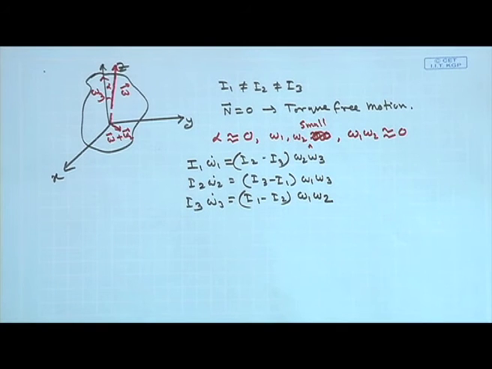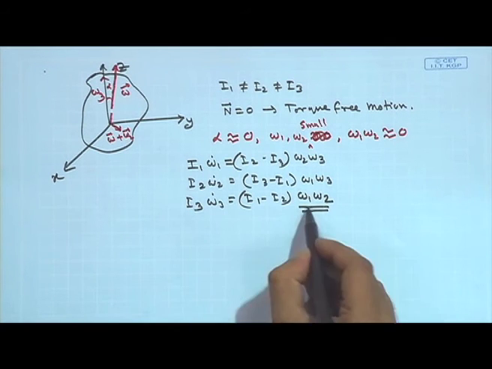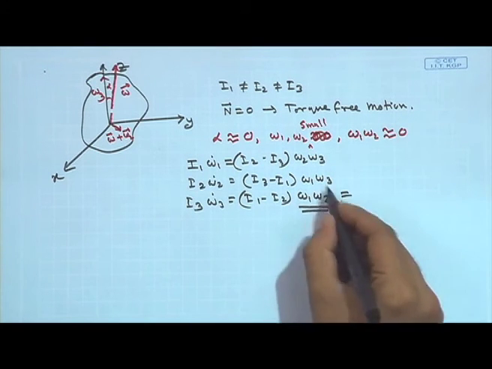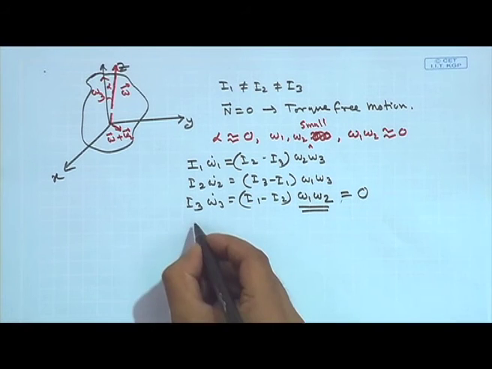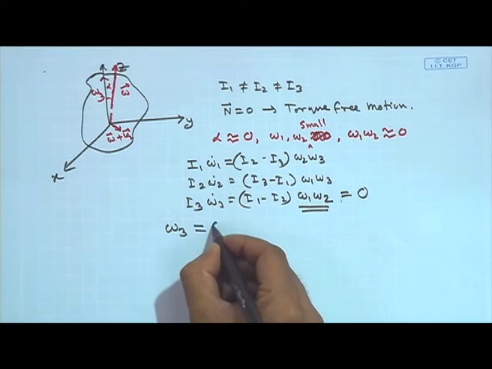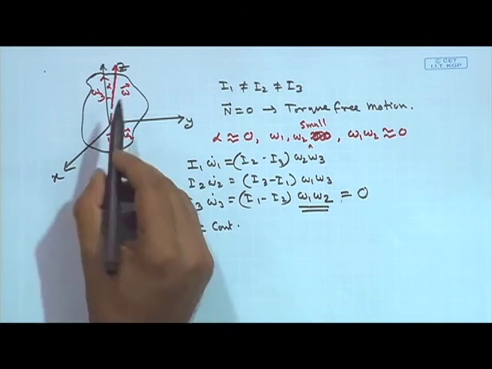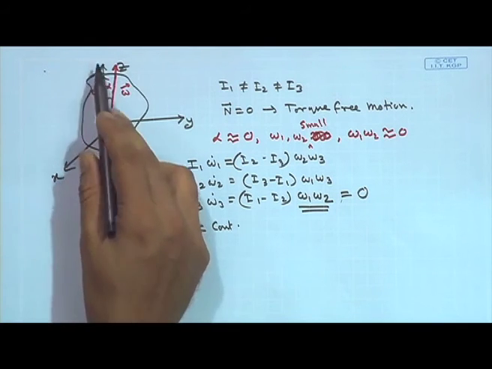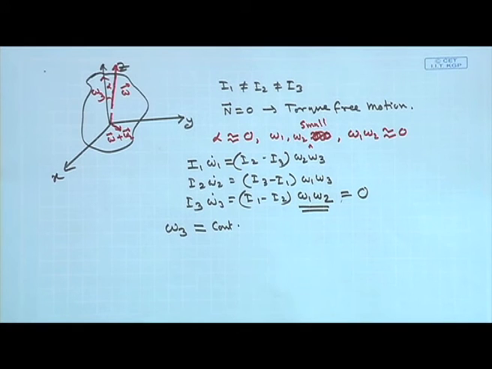So if this is the case, then we see that the last term in the last equation we can neglect, we can put this equal to 0, so the entire right hand side goes to 0, which gives you immediately that omega 3 is a constant. So if the angle between rotation axis and body axis is small, then omega 3 is essentially constant.